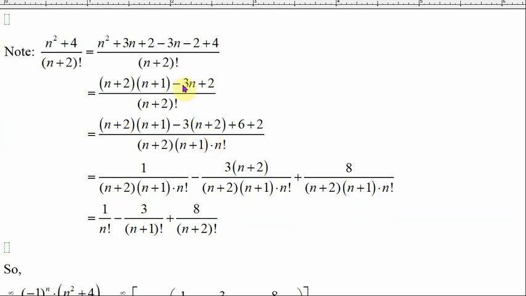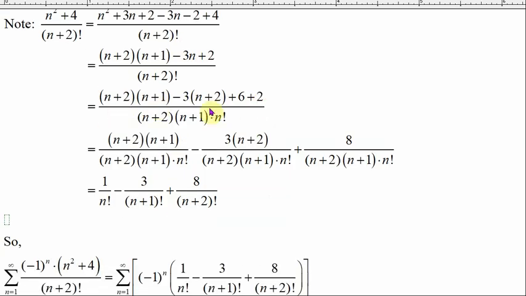And then the minus 3n plus 2, I will rewrite as minus 3 times (n plus 2) plus 6 plus 2. And now we'll go ahead and split this up. So this will be (n plus 2) times (n plus 1) over (n plus 2) times (n plus 1) times n factorial.